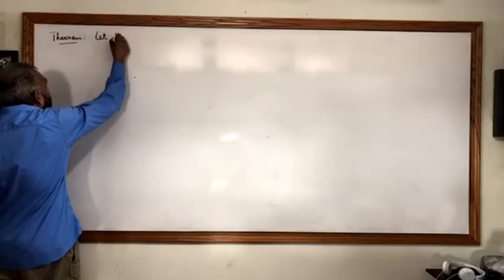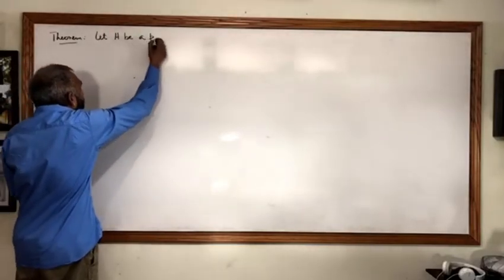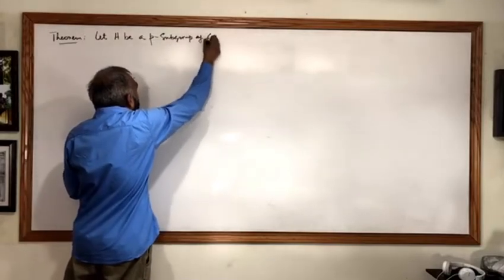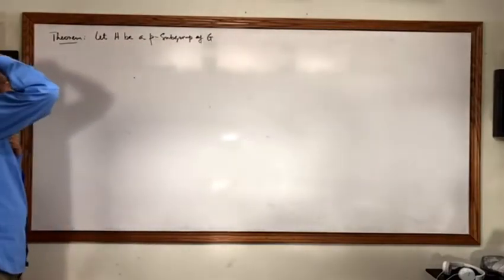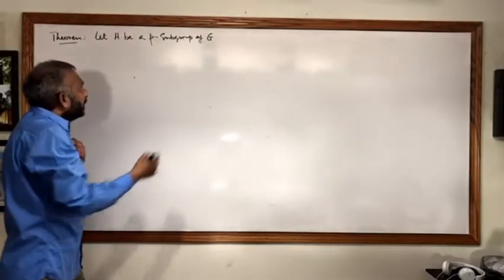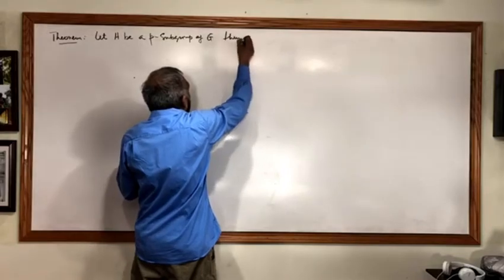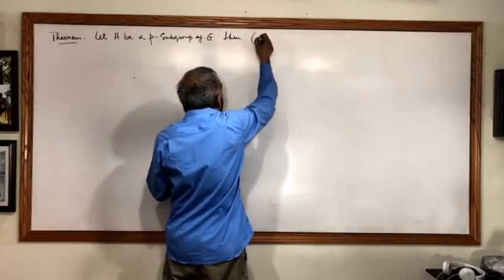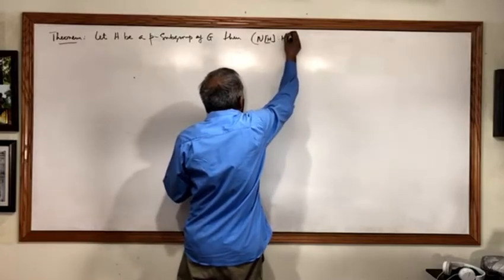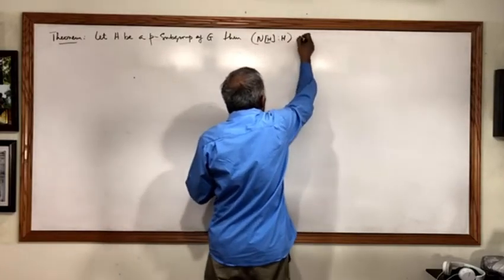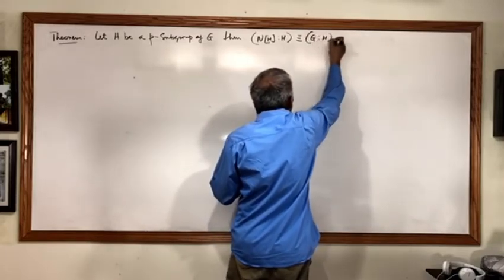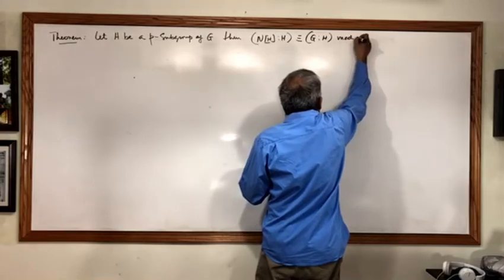Let H be a p-subgroup of G. Then the index of the normalizer over H is congruent to the index of G over H mod p.